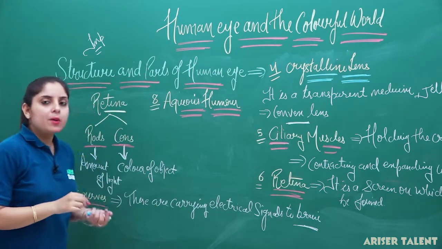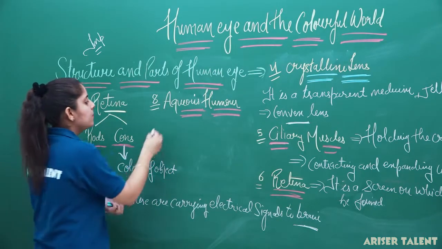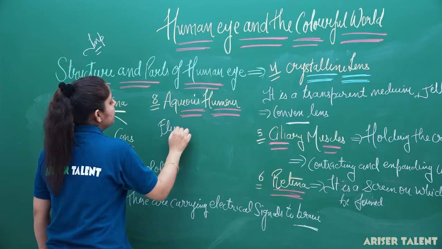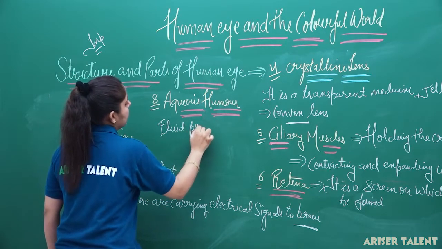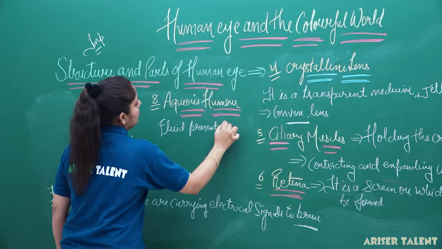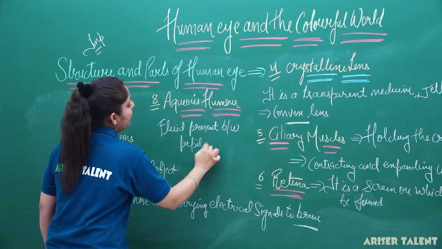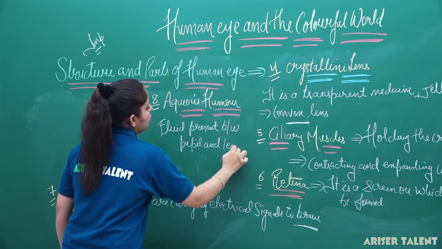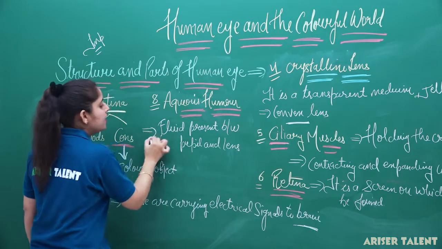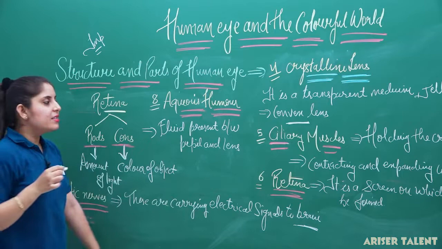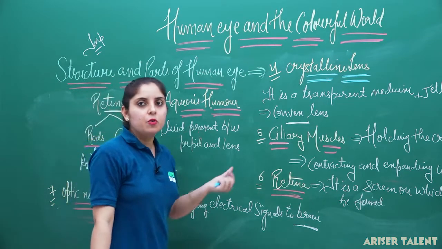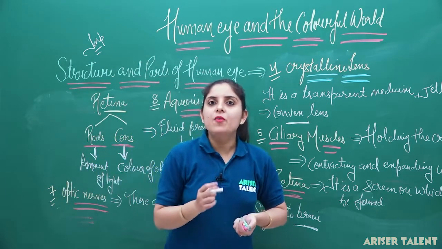It is actually a fluid that is present between the pupil and the lens. The fluid present between the pupil and the crystalline lens is known as aqueous humor. And one more thing is the vitreous humor.